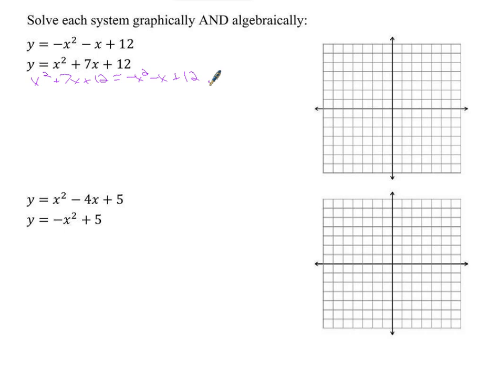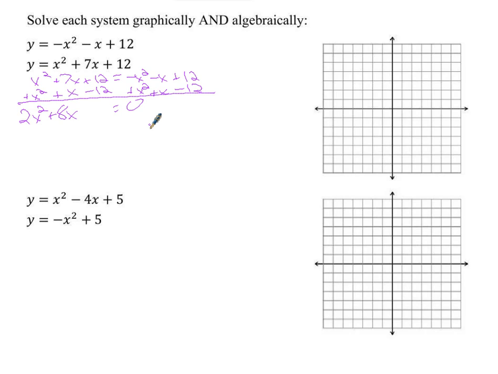All on one side, so that means I gotta add x squared, add x, and subtract 12. Add x squared, add x, subtract 12. That gives me equals 0 on the right, and 2x squared plus 8x, and then the 12 minus 12 is gone, and I have equals 0.